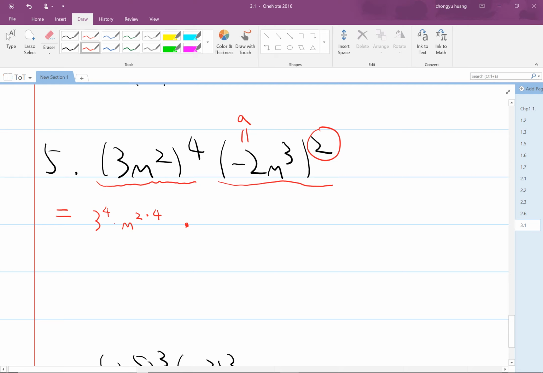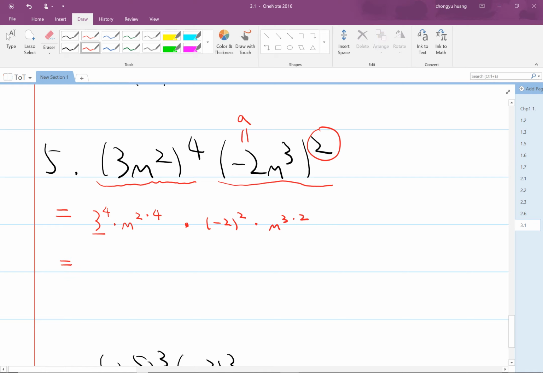On the right hand side, we got negative 2 and there's a power 2, so it becomes negative 2 squared. And then we multiply the 3 by 2. That's how we're using the property. And then we have to simplify a little bit more.